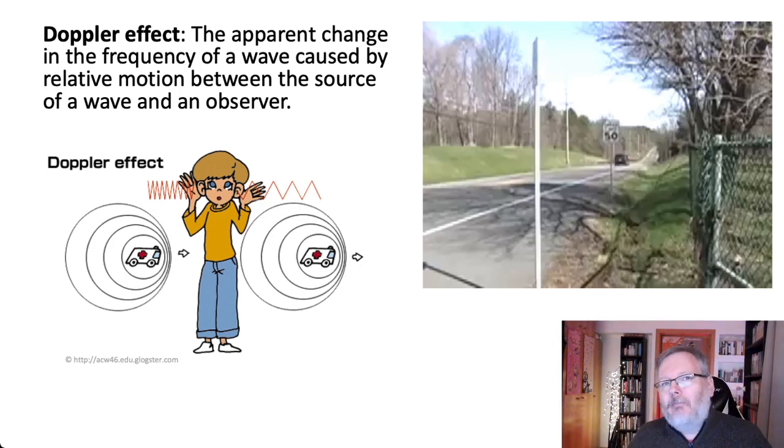That change in pitch is only experienced by the observer. From someone sitting in the car, the sound will be of a constant pitch, and the pitch that is experienced by the person sitting in the car would be between the higher pitch experienced by the observer for the approaching car and the lower pitch experienced by the stationary observer for the departing car.